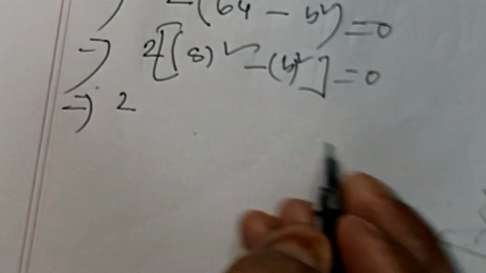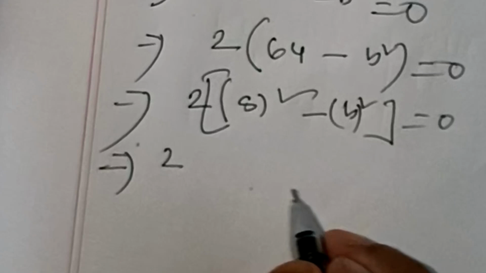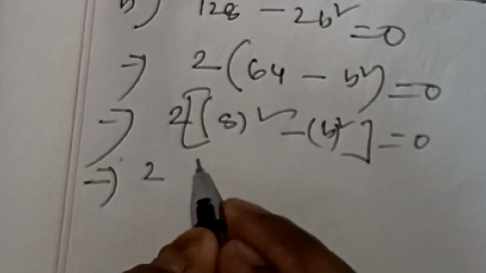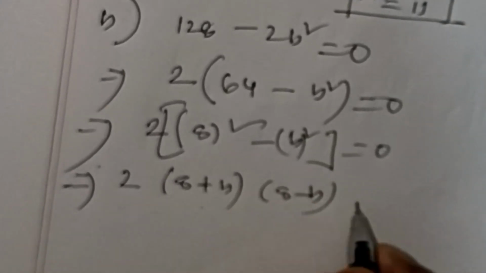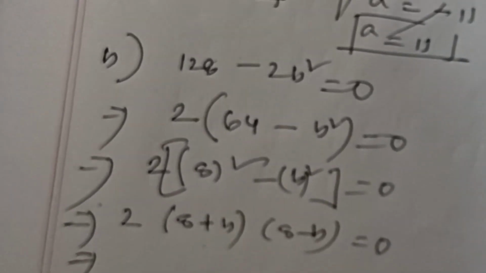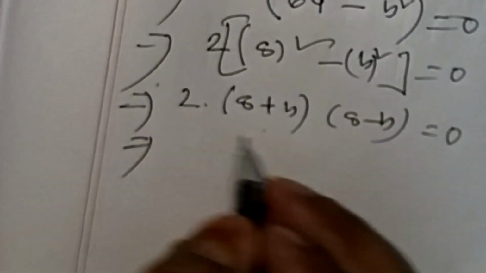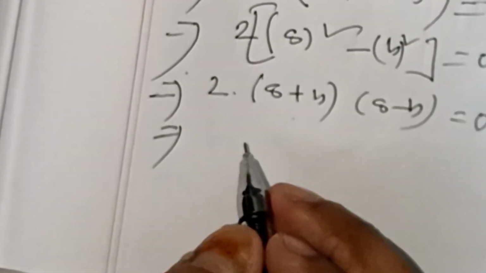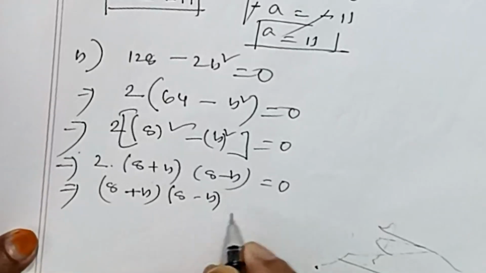So a square minus b square. Again we use the formula a square minus b square, that means a plus b into a minus b. So a plus b, a minus b. So 2 is in a product relation here, into the relation, the right hand side it will go to divide. So 0 divided by 2, that means 0. So 8 plus b and 8 minus b.